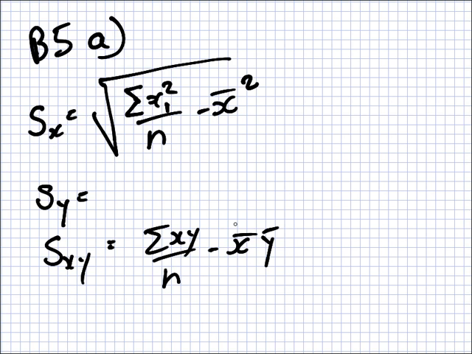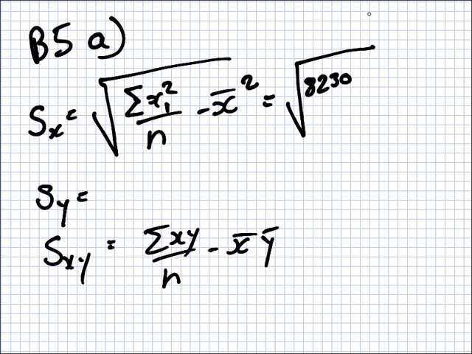Now, if we were to have a look at this, it really is as simple as using the formulas. So the first one would be square root, and they tell you what the sum of squares is. It's 8230 over 10, which is nice, minus the average, which you have to work out.